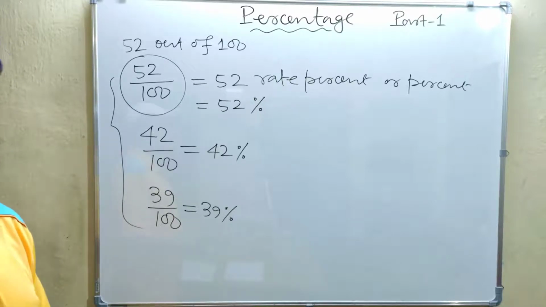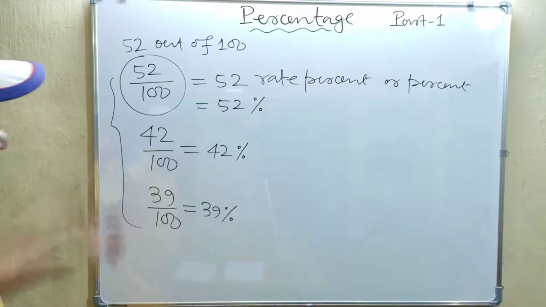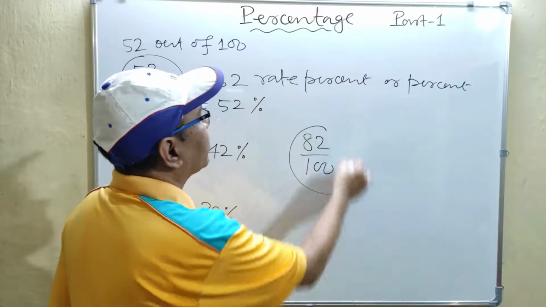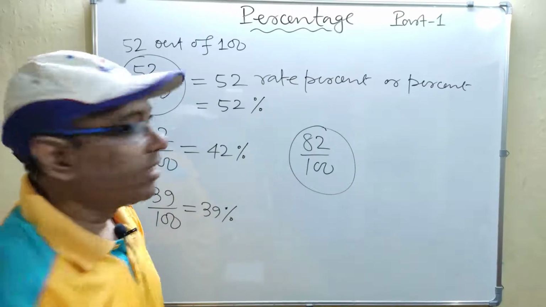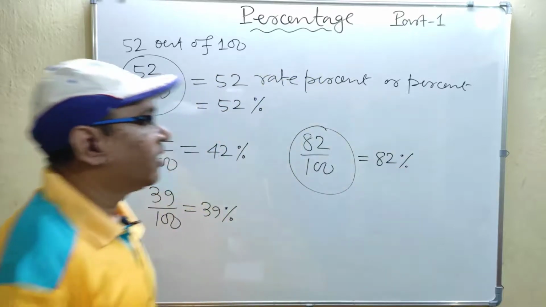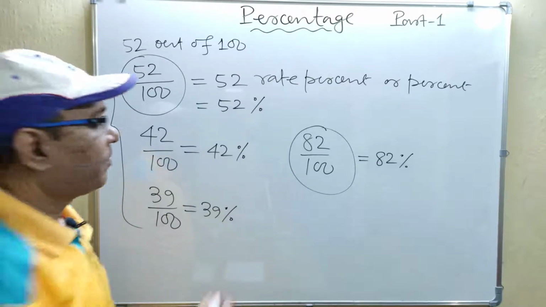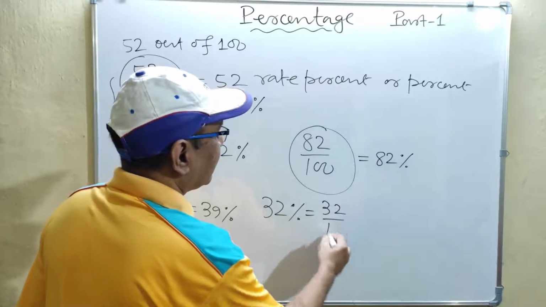Anything which is calculated out of 100, कुछ भी चीज जो 100 में कैलकुलेट करते हैं, 100 में कितना, उसको हम लोग परसेंटेज बोलते हैं, और उसका जो न्यूमरेटर होगा उसको हम लोग परसेंट बोलते हैं. जैसे किसी स्टूडेंट को 82 मार्क्स मिला आउट ऑफ 100, तो उसका परसेंटेज हुआ 82 by 100. ओके, कितना परसेंट नंबर मिला, 82% बोलेंगे उसको, और उसको लिखते हैं हम लोग ऐसे 82% means the student has got 82% marks. 82% means 82 by 100. 32% means 32 by 100.